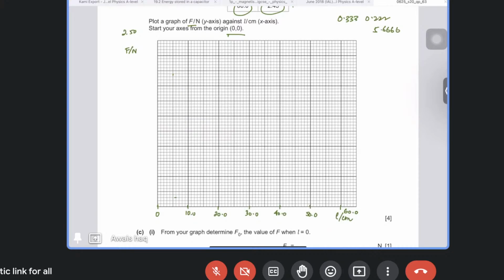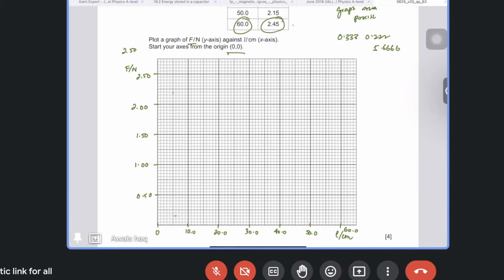So 0, 0.50, 1.00, 1.50, 2.00, and 2.50. Do you guys agree? Do you understand how I did this? Yeah. So I've used the maximum space to make sure that everything is big enough.